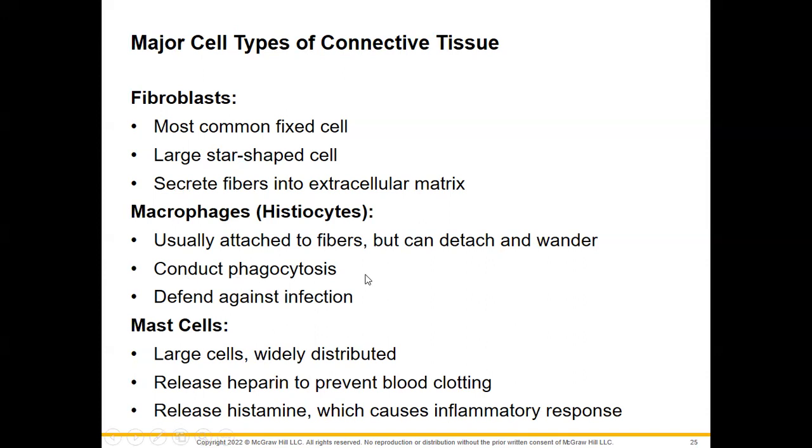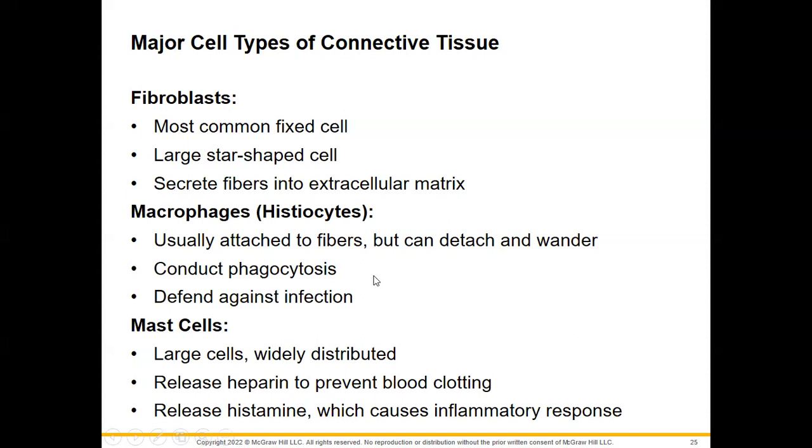It conducts phagocytosis. Again, phago means to eat, cyto means cell, and osis is a process of. So this is a process or a function of this cell eating things. A macrophage conducts phagocytosis, and this phagocytosis helps to defend against infection.